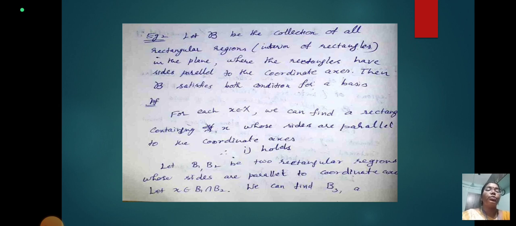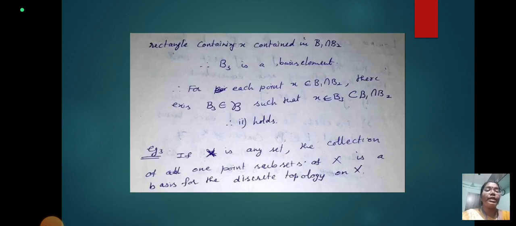Hence, condition 1 holds. Next, we have to prove: let B1, B2 be two rectangular regions, then if x belongs to B1 intersection B2, there exists B3 belongs to the rectangular regions such that x belongs to B3 subset of B1 intersection B2. Let x belongs to B1 intersection B2, we can find B3, a rectangle containing x contained in B1 intersection B2.